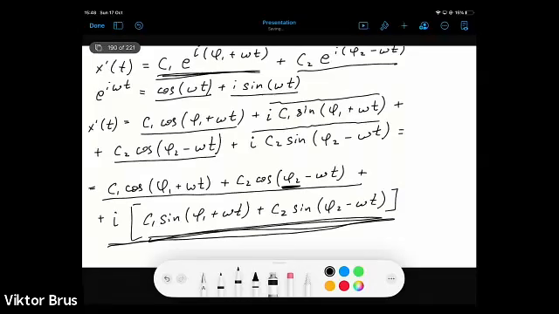So that is the specific case when we will get a physically meaningful solution of our complex function x prime.